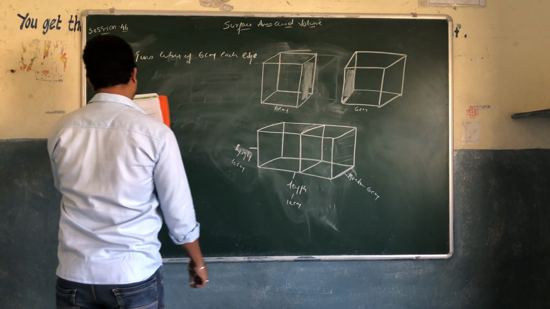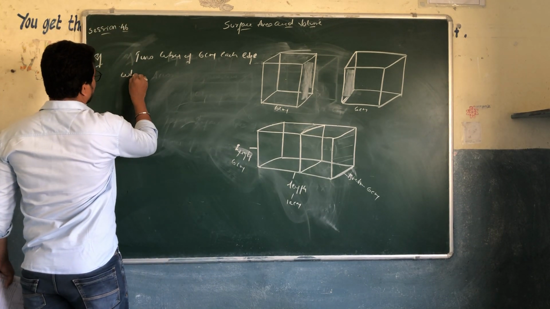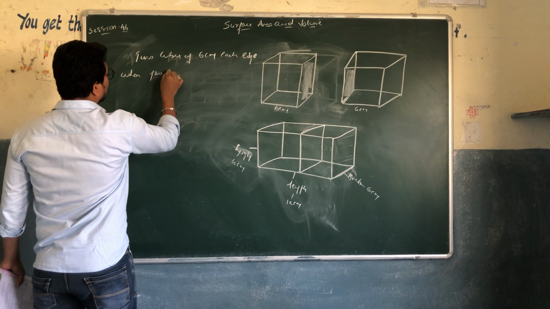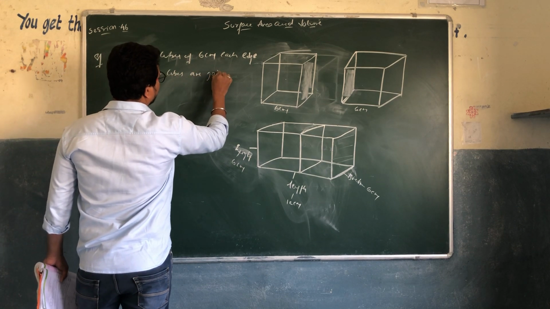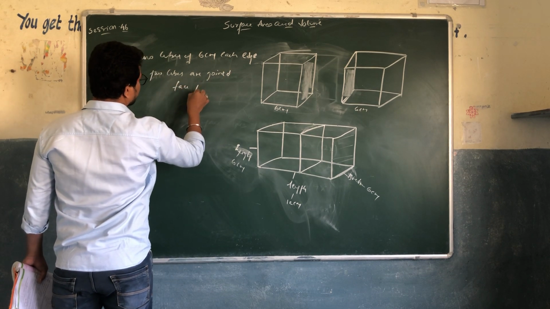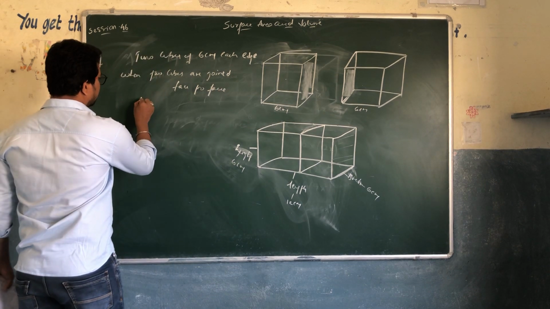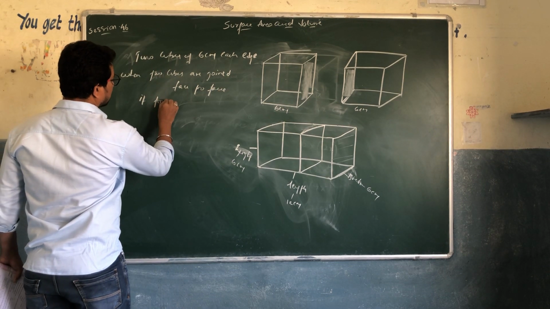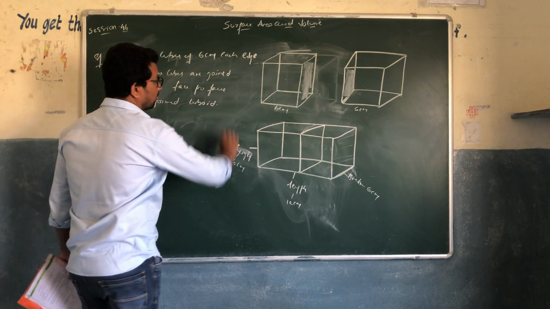Okay, next, when 2 cubes are joined face to face, it formed a cuboid, right?